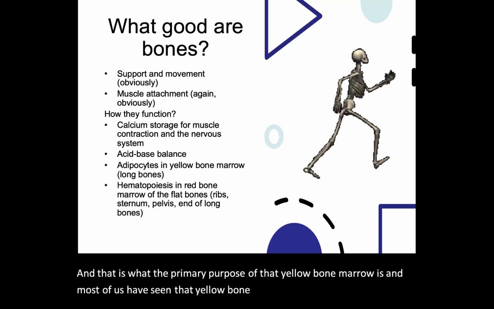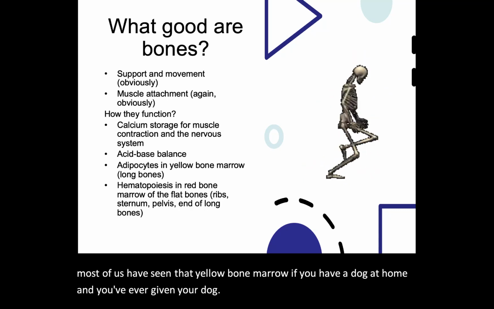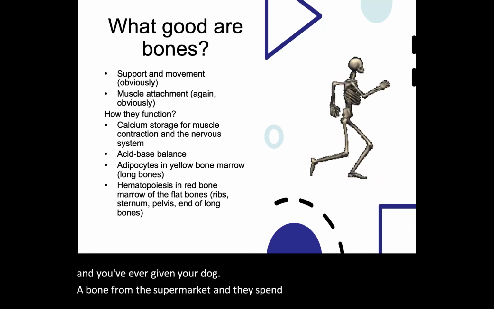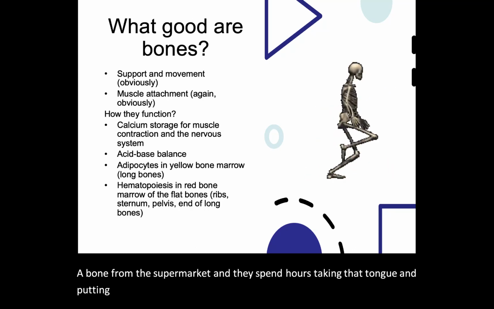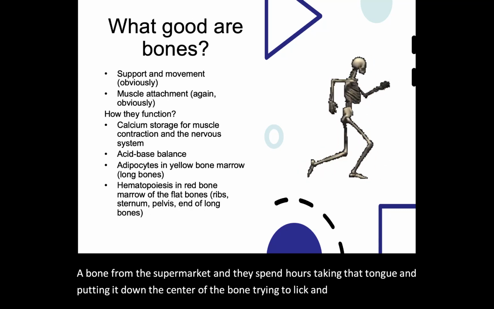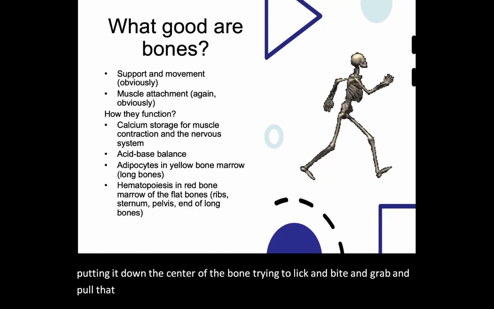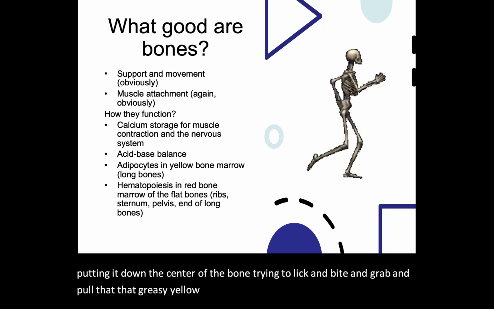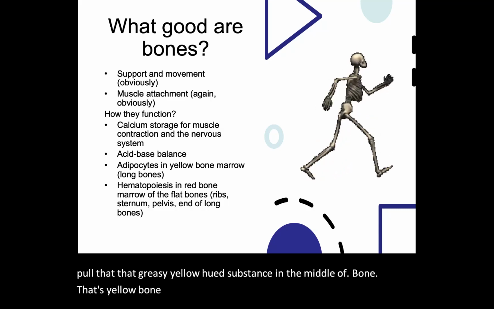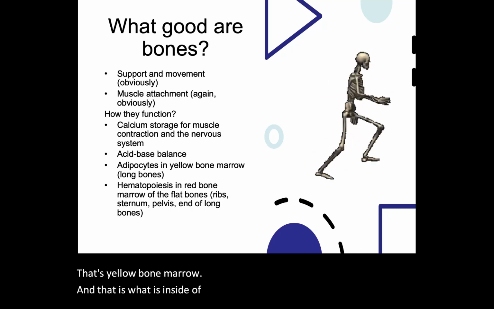If you have a dog at home and you've ever given your dog a bone from the supermarket, they spend hours taking that tongue and putting it down the center of the bone, trying to lick and bite and grab and pull that greasy yellow-hued substance in the middle of the bone. That's yellow bone marrow, and that is what is inside of our bones as we age.